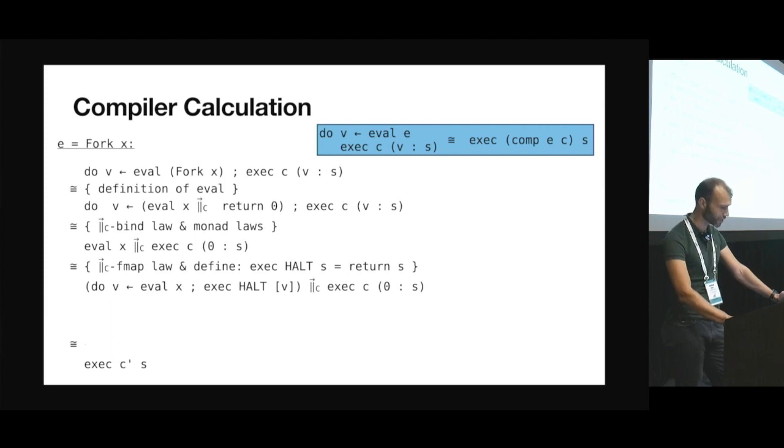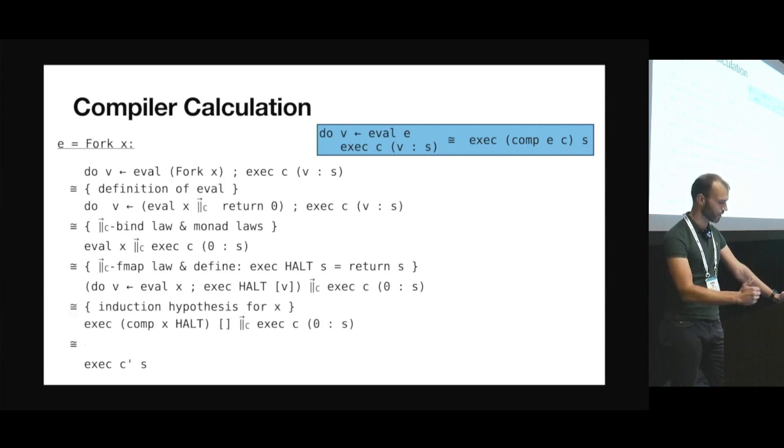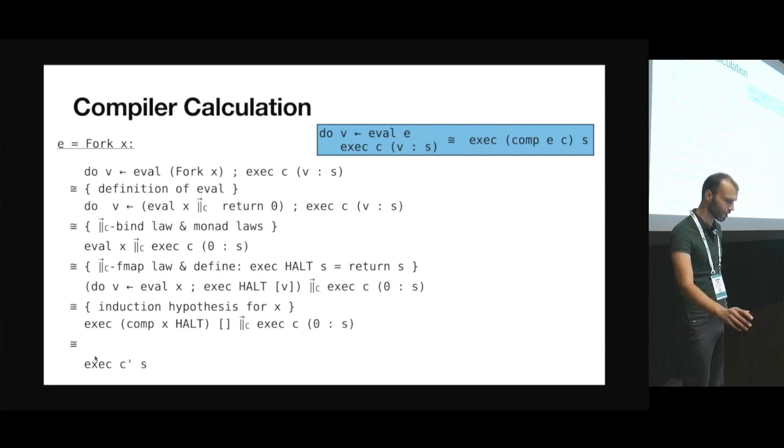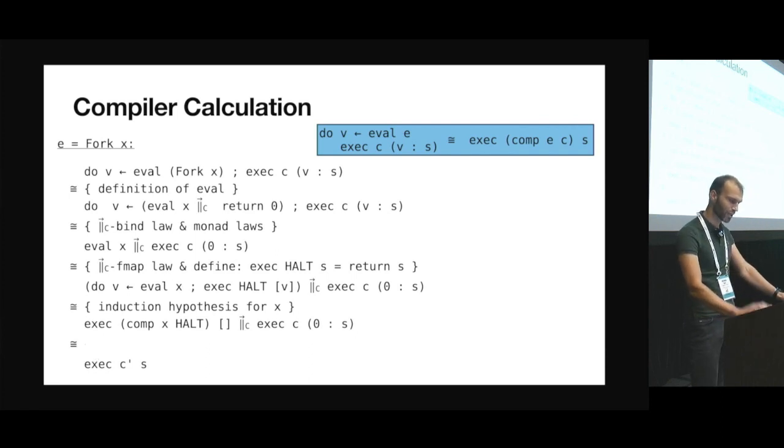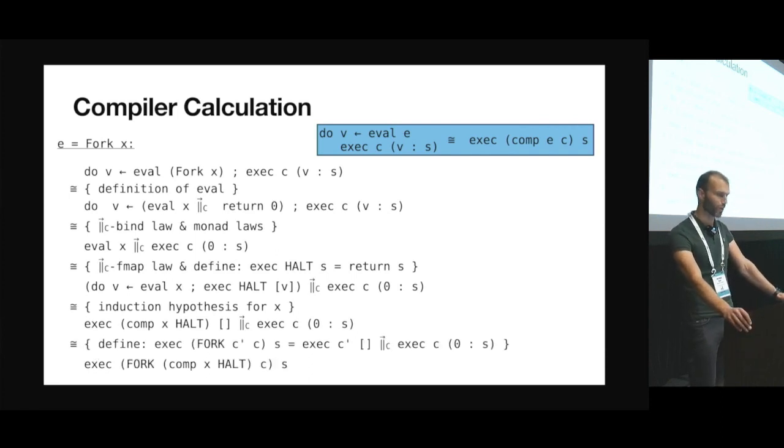So we apply the induction hypothesis, which gives us this over here, and now we're almost there. Now again, we are in a state where we have to solve an equation, so we get up to the final state here, our target, and again we solve it by fiat, by introducing a new instruction along with an equation that defines its semantics, and we're done, right?